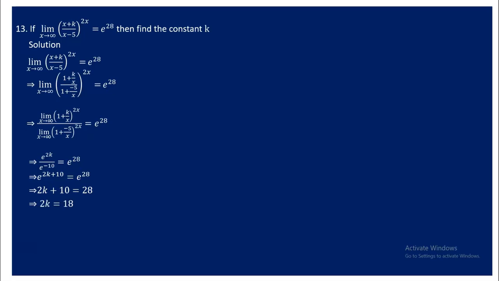So from this, 2k is going to be 18, and from this what follows is k is 9, right? It's a matter of dividing 2k by 2 throughout, and 18 divided by 2 makes 9. So it is when k is 9 that this expression comes to be true.